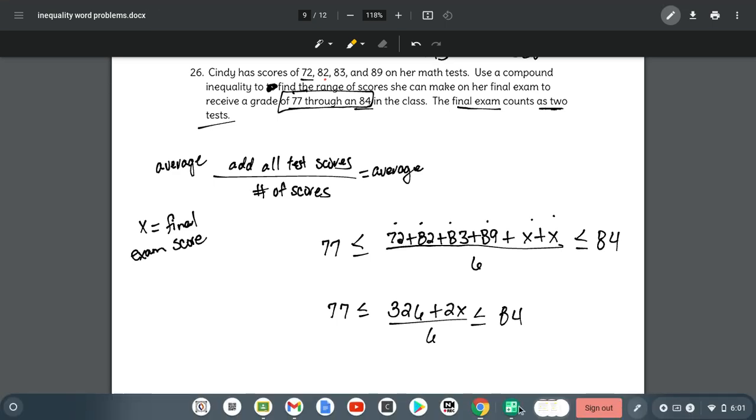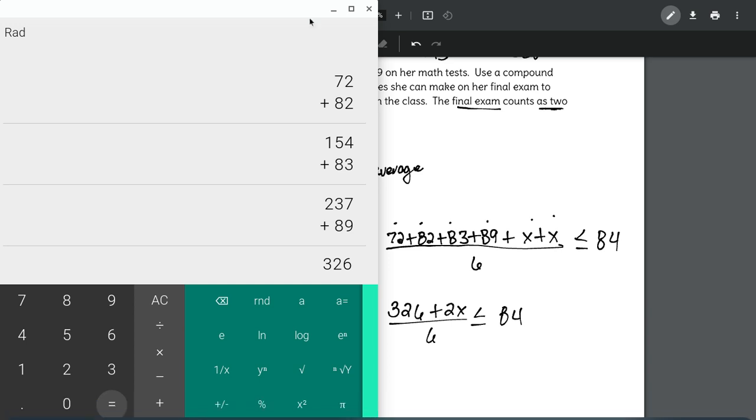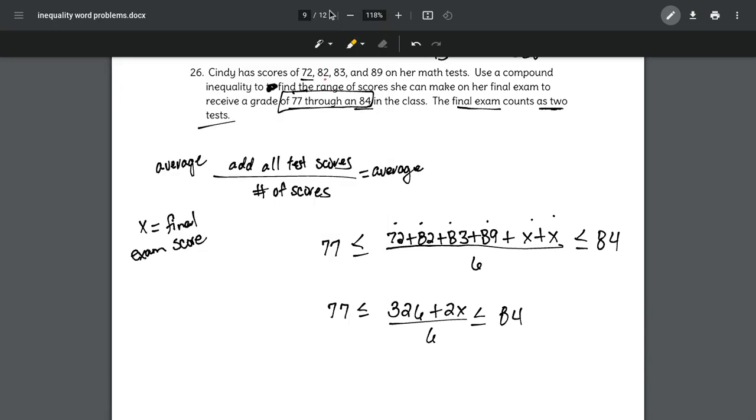And then all you have to do is multiply each one of those by 6. Okay, so let's multiply each side by 6.